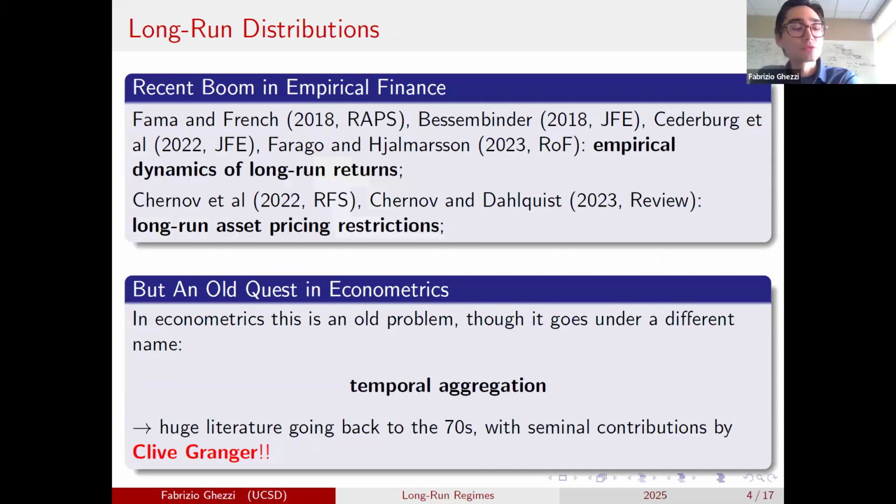Okay, and in part the motivation to study this problem of long run distributions comes from the finance literature that in recent years has witnessed a boom from these empirical guys like the usual suspects like Fama and French. And there have been many papers, like for example the Bessembinder paper, which was very famous, studying the empirical properties of the long run returns.